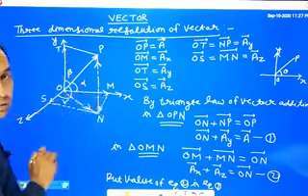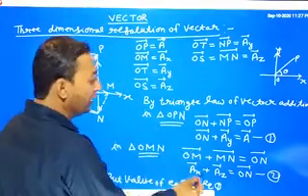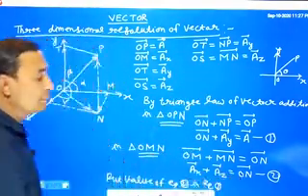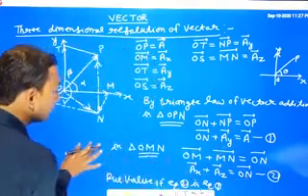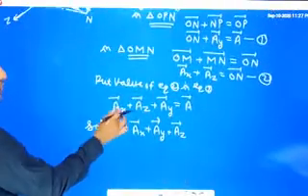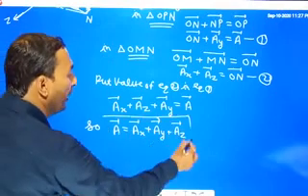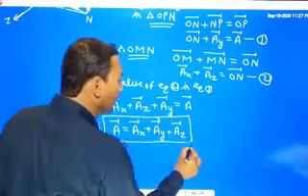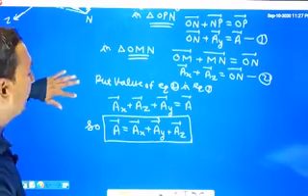OM is Ax and MN is Az, because MN and OS are equal to Az. So ON equals Ax plus Az. Now put the value of ON in equation number 1. Then we get A vector equals Ax vector plus Ay vector plus Az vector. So any vector is equal to the sum of its components in the x direction, y direction and z direction.